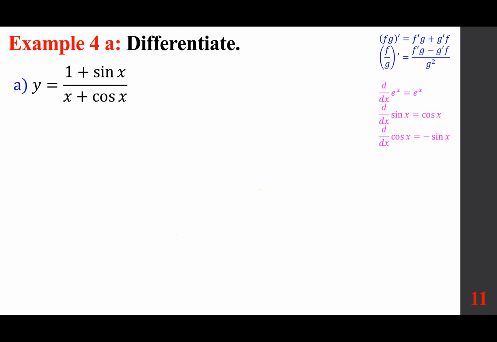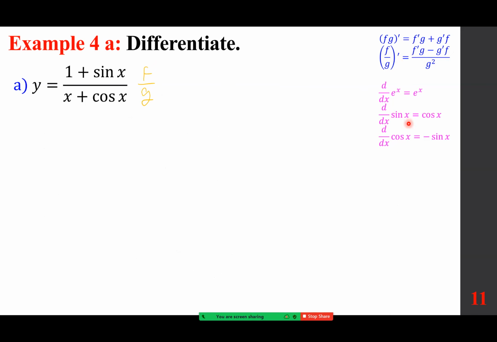Here's the next one. We want to differentiate this using the quotient rule. So I'm going to call this f over g. And we're going to use this rule.